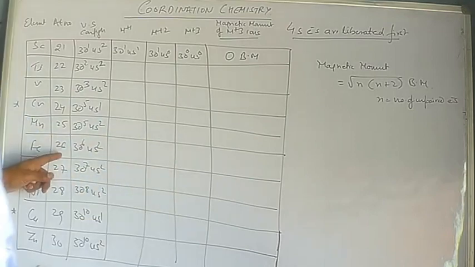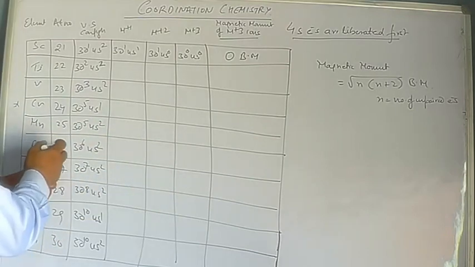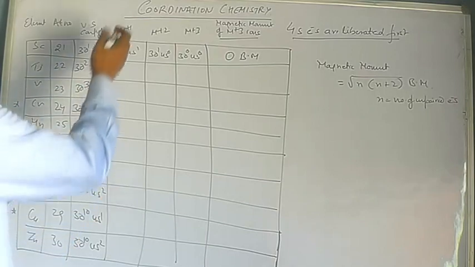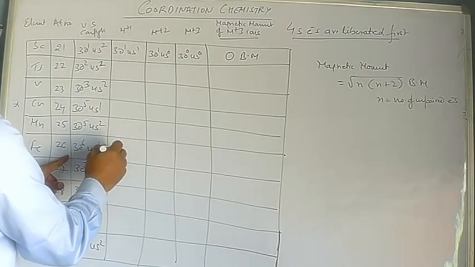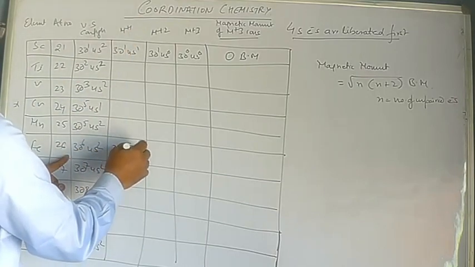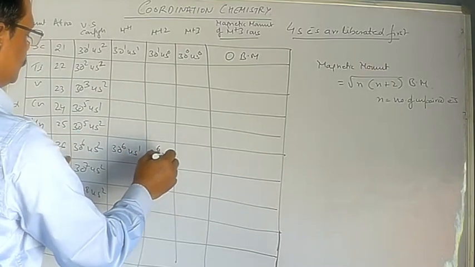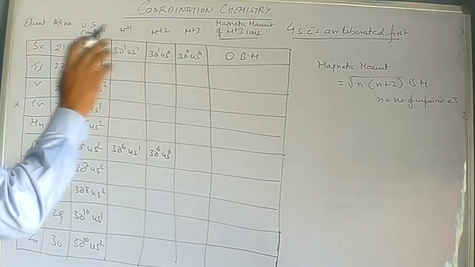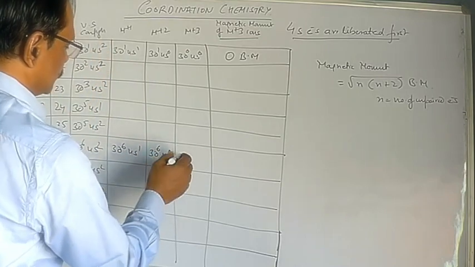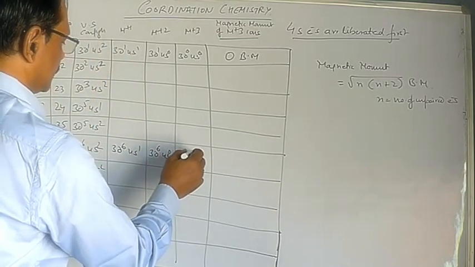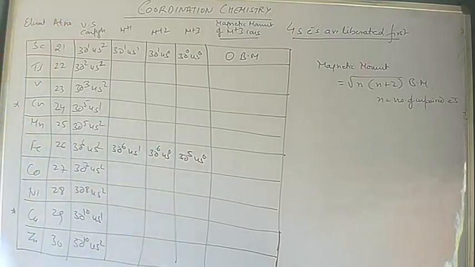Let us take the example of iron. Iron is 26, 3d6 4s2. After removing its first electron, it becomes 3d6 4s1. Remove another electron, it gives you 3d6 4s0. Now another electron, and this time the electron will come from 3d, so the configuration will be 3d5 4s0.